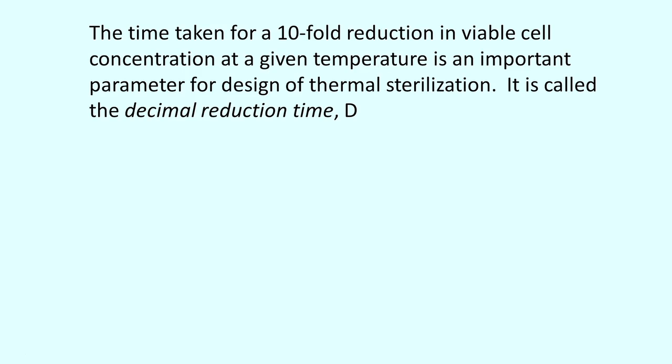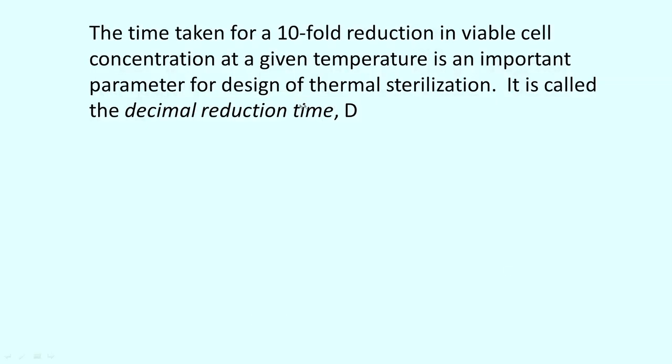We are figuring out means by which we collect the information so that it can be used elsewhere to design the sterilization process, to design the sterilization equipment and so on. This time taken for a 10-fold reduction in viable cell concentration is called the decimal reduction time, typically expressed as capital D.